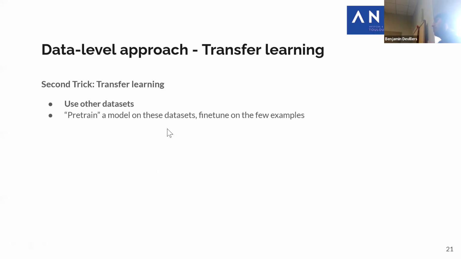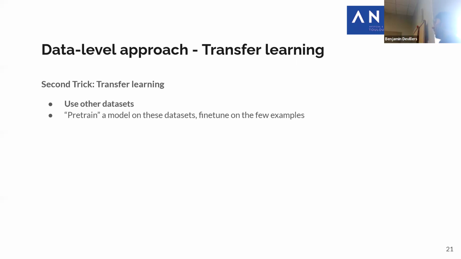But you also know that online there exist many datasets that don't necessarily show cats and dogs. So datasets that show, I don't know, many kinds of objects. And the idea is maybe knowing or learning how to classify those objects will help for the new one. So imagine you want to classify cats and dogs, but you have a data set that represents many animals except cats and dogs for some reason.